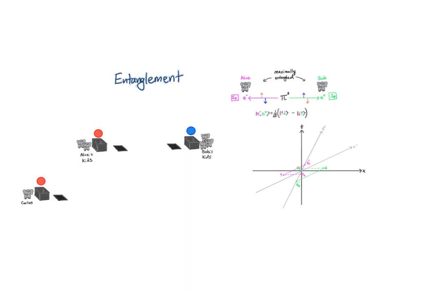A lot has happened since then, and the prevailing opinion today, and in fact for decades already, is that Einstein and his co-authors were wrong. Superposition is in fact a correct description of the real world, and we have the experimental evidence to back it up, with some caveats.